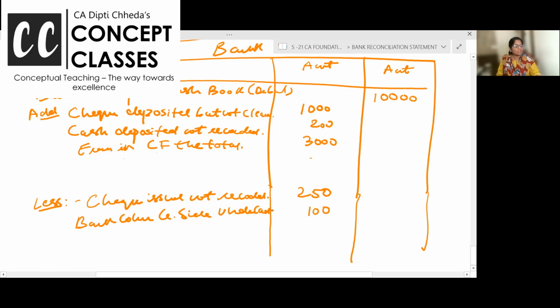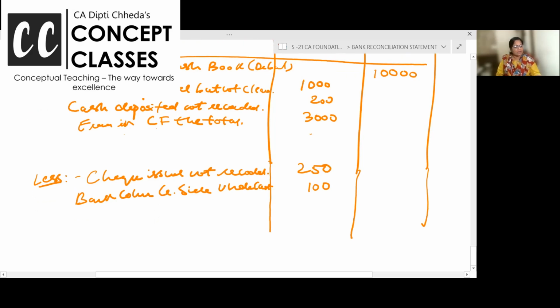Cash discount allowed 112 was recorded as 121 in the bank column. Some cash discount you have allowed was wrongly recorded as 121 in the bank account.